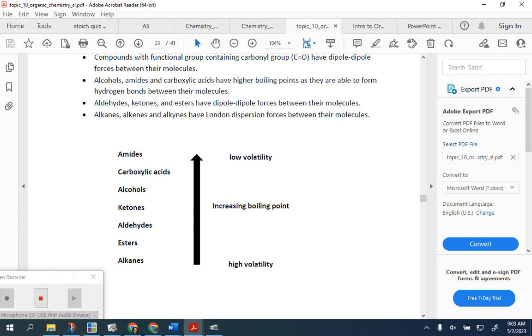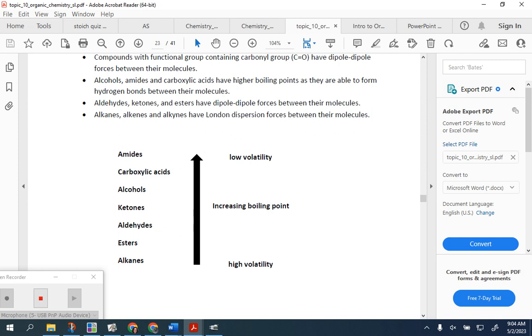However, it's more volatile than an alcohol because it doesn't have hydrogen bonding. So if we compare something like acetone to an alcohol, the acetone is going to evaporate first. It's going to have a lower boiling point than the alcohol. All right. The top 3, alcohols, the carboxylic acids, and the amides, all have hydrogen bonding, either oxygen and hydrogen bonded directly together or nitrogen and hydrogen bonded directly together.